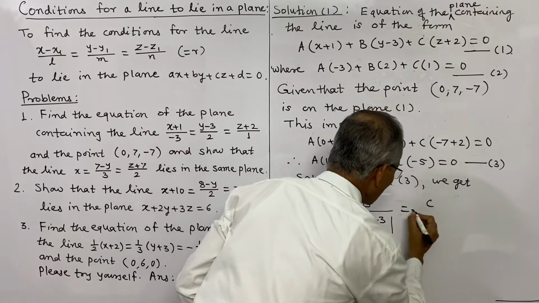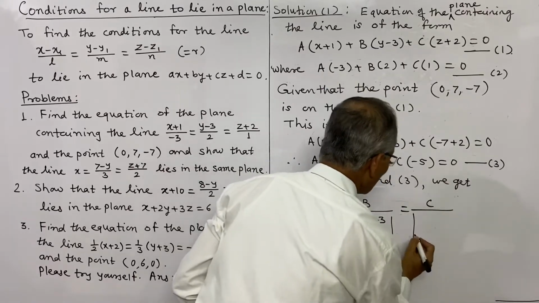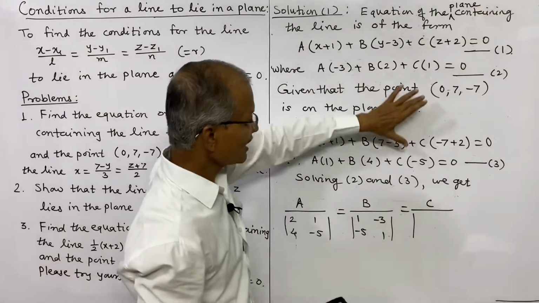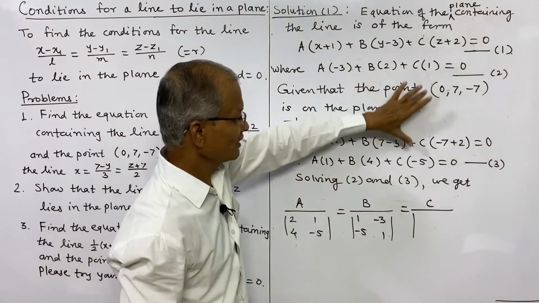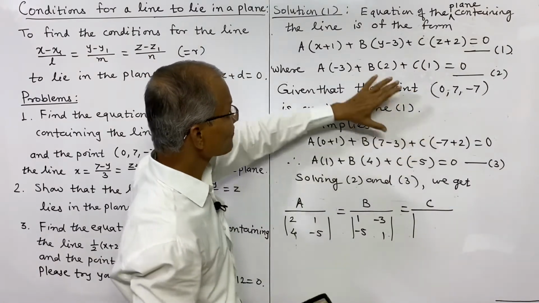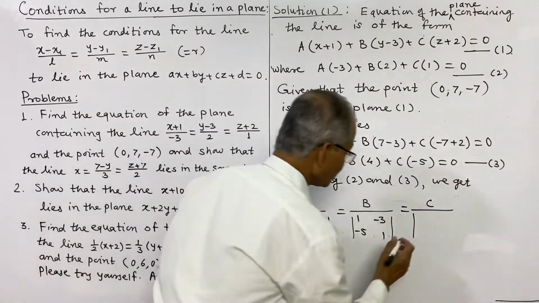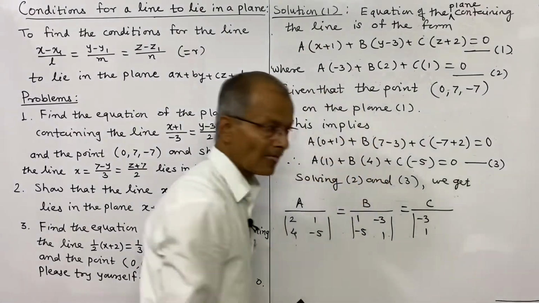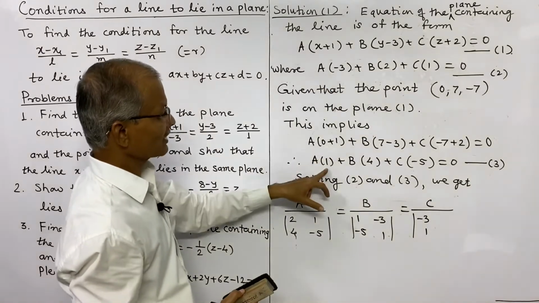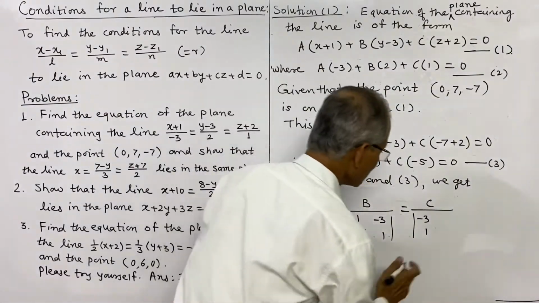And for C, second and third are to be observed, so hide the C terms and write the coefficients of A and B column wise. Minus 3, 1 is the first column, 2, 4 is the second column. We have done this earlier also.